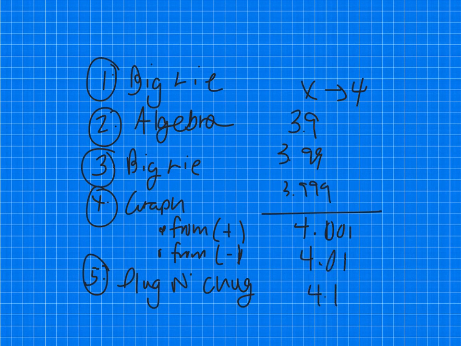And then you can see what number all of these values zero in on. Now, it could be for any function, but here we just chose 4. It could be 3, it could be 79 billion, but it probably won't be. But yeah, you're rarely going to come to a situation where you have to plug and chug. There might be one on the test, but that's only if you've exhausted all of these options here. So good luck.